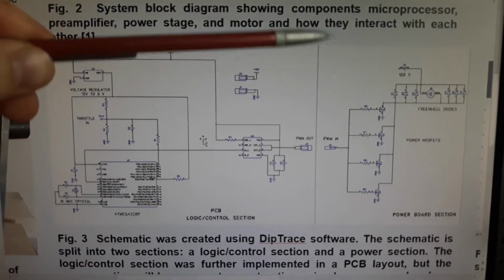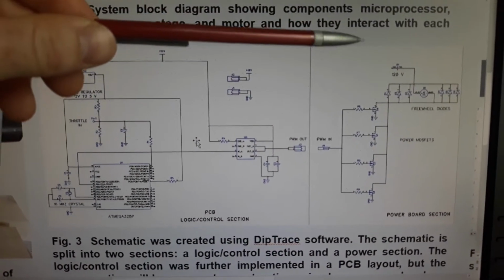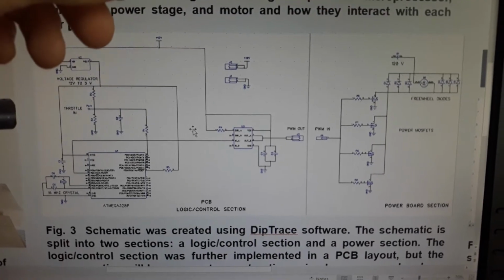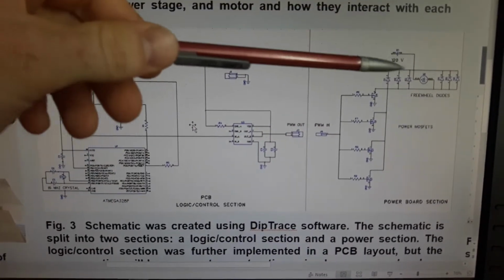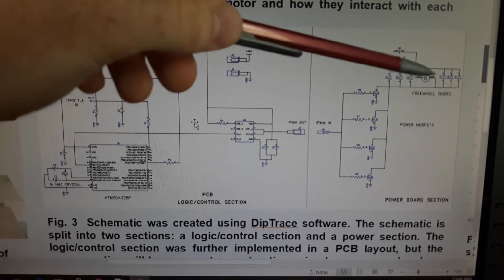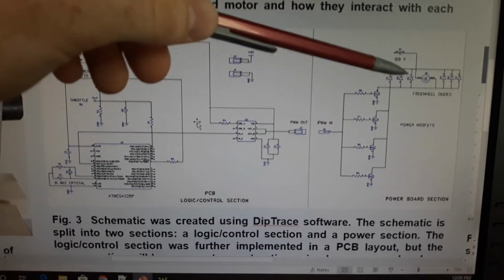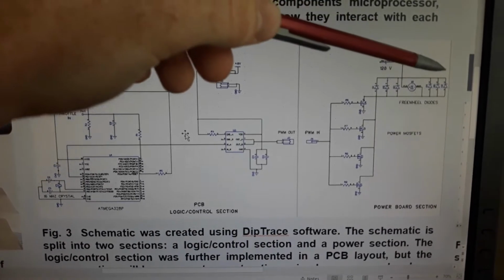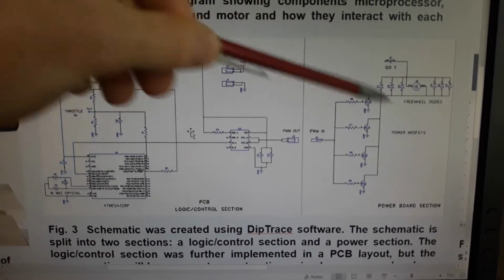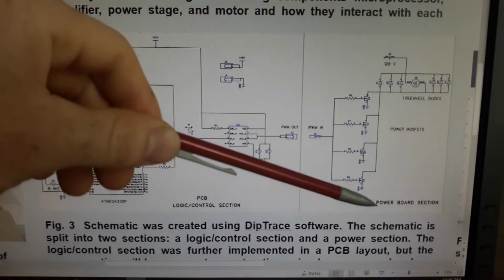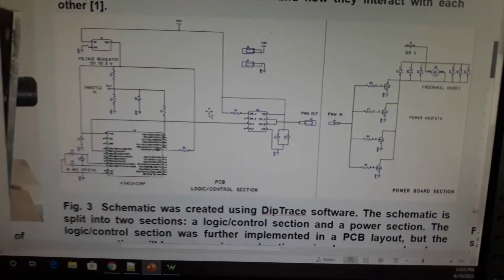The power section is powered by a 120 volt source. We have power MOSFETs and freewheel diodes for this motor. So when these power MOSFETs are all turned off and the motor's still turning, there is a path for the current to return back through the motor, so it doesn't damage any of the components.